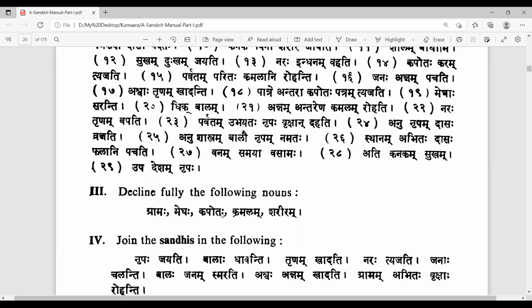Happiness is above gold. So here, is Ati kanakam nominative only, Prathama vibhakti? Sukham. No, sorry. Ati is above gold. It's a good thing. Is it Dvitiya?